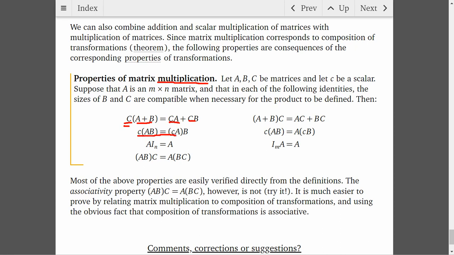Scalar products will be fine whether I do the matrix multiplication first and then the scalar product, or if I scale one or the other matrices. And we also have the identity matrix. So the multiplicative identity times any element is just that element. It turns out that matrix multiplication is associative.